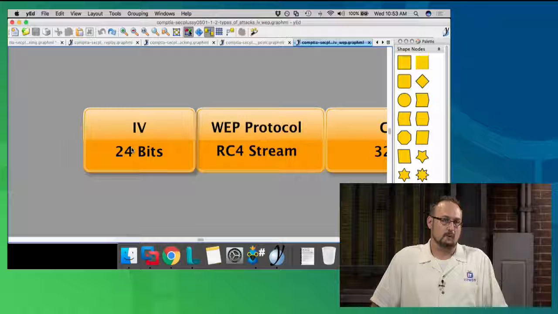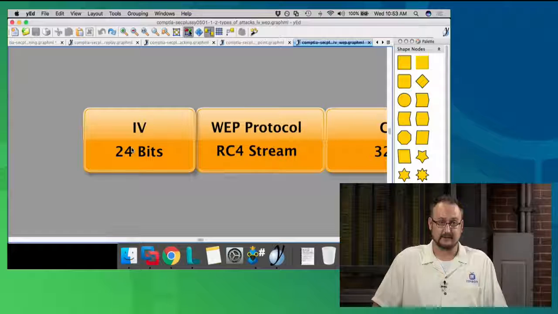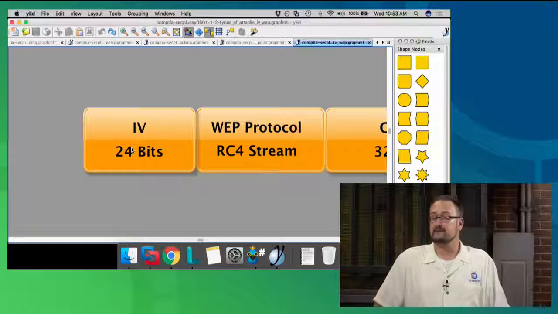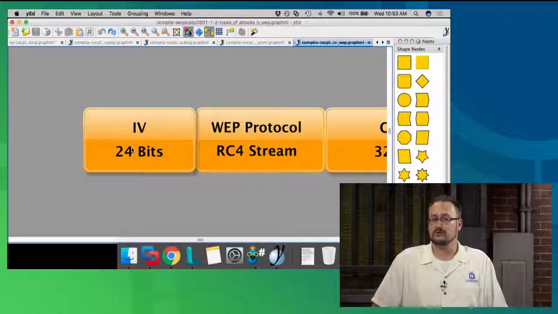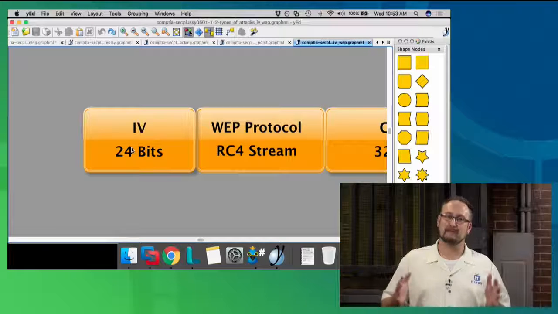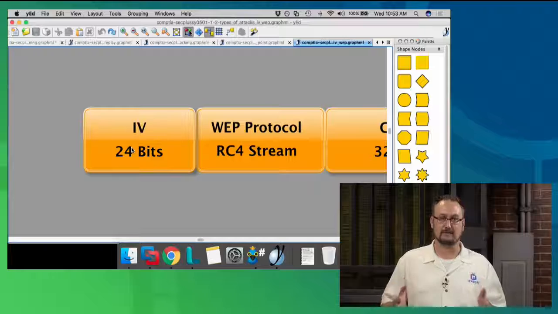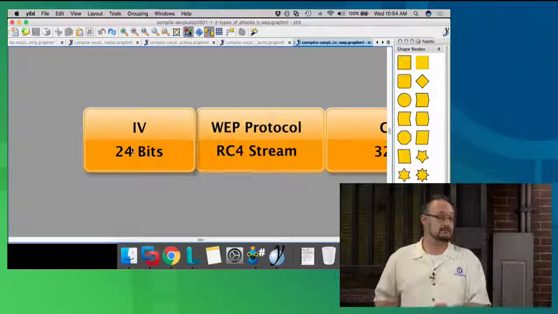If there's 24 bits in an initialization vector, that gives you 16,777,216 possibilities, okay? And the problem with that is that the statistics say that about 50% of those 16 million possibilities, just under 17 million possibilities, you're going to have a duplication, right? Because there's not a lot of bit space there. There's not a lot of chance for possibilities, even though that seems like a lot. In modern computing, it's not.